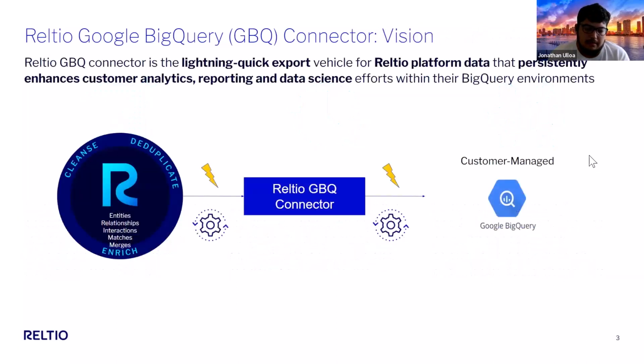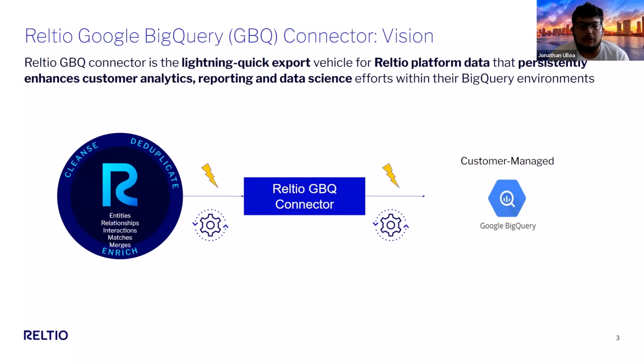So when we think about an analytics connector, what Reltio is trying to do is partner with Google and Google BigQuery, because this is a very popular analytics warehouse that many of our customers and the market are a part of. And when you think about a data strategy, a lot of our customers are thinking, okay, lots of data flowing in, lots of different silos. How do I organize this data to be able to take action on it at a fast velocity and also a trusted velocity?